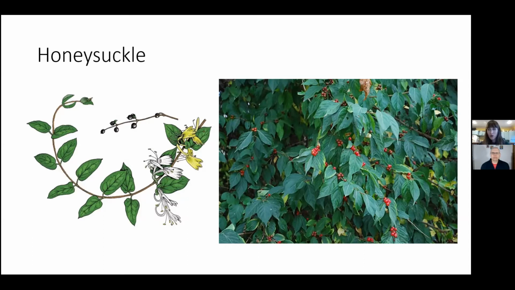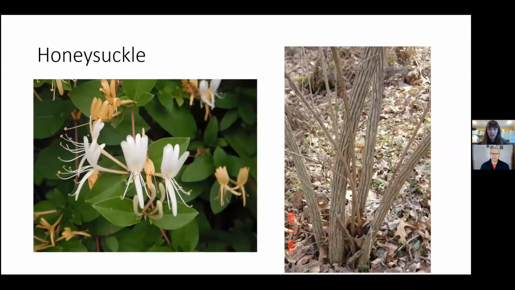Honeysuckle has no prickly thing, no pricker, so that's a little bit different than a lot of the other invasives that have some sort of a thorn. And it has a very fragrant white or sometimes yellow flower in the springtime. And that's really the reason why we have it on our landscape, is it was planted as an ornamental in people's yards and it spread.